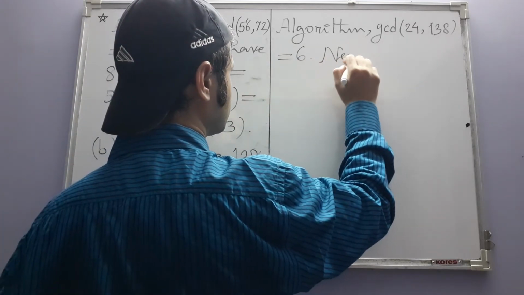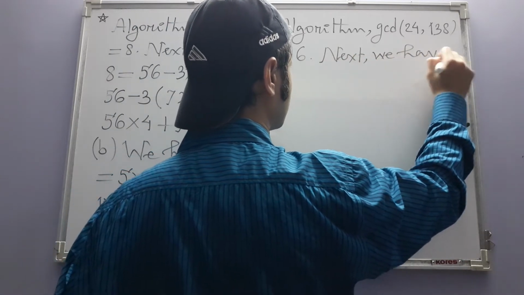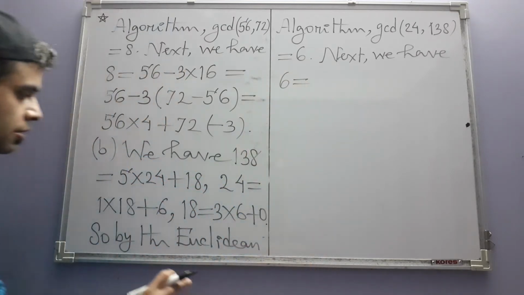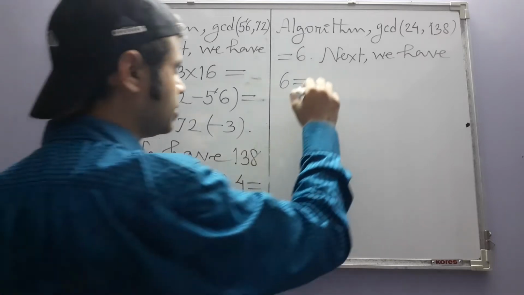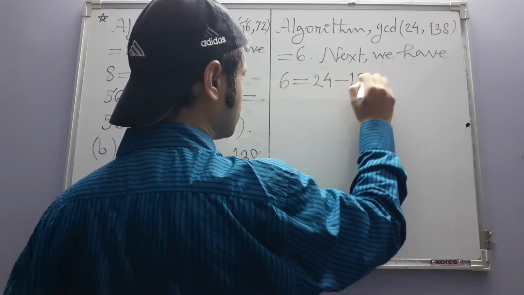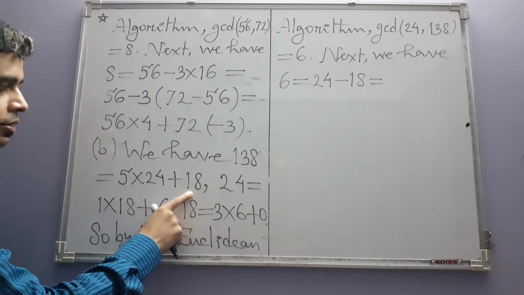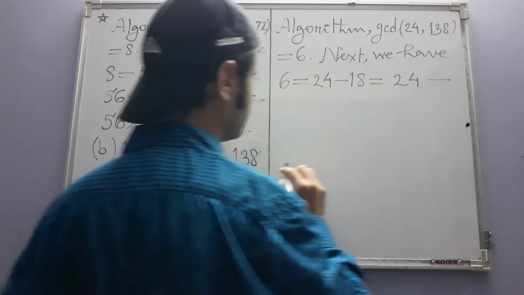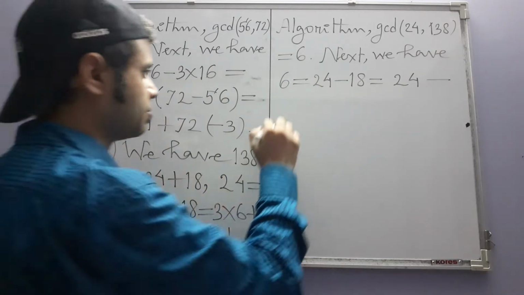Next we have 6 equal to, so we are going to use this one, 24 minus 18. Then we replace the previous remainder, 18. So this is going to be 24 minus (138 minus 5 times 24).